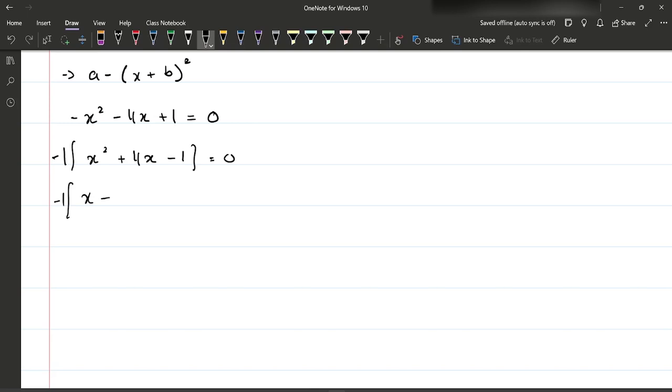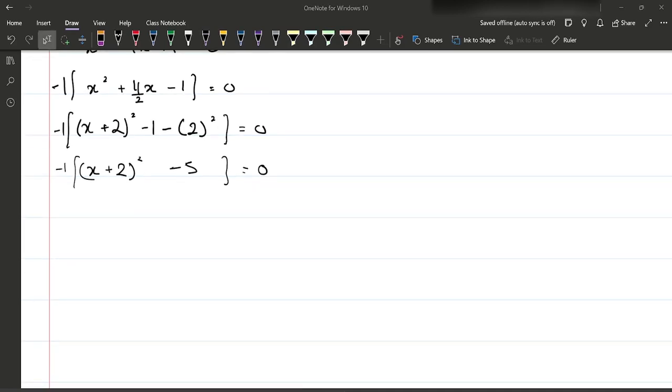So x plus 2 here, we divide by 2, and then we do minus 1 minus, this is plus 2, so we leave it at that, and that equals 0. Okay, so minus 1 minus 2 squared, and that's minus 5, and x plus 2 squared equals 0.